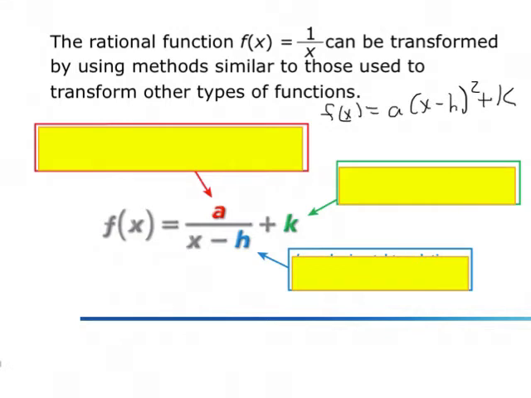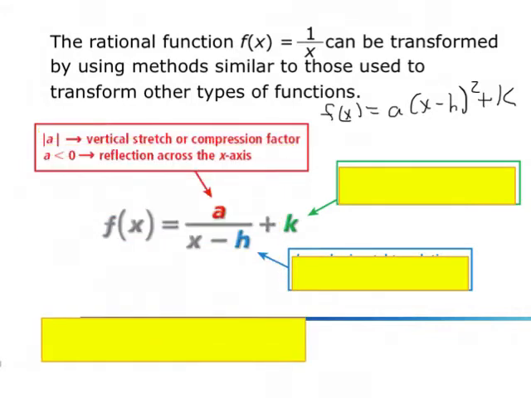Now, remember the a value is what vertically shrunk or stretched it. Likewise, the a value for this one will vertically stretch or compress it as well. Remember, if the a value was negative, less than 0, it reflected across the x-axis.